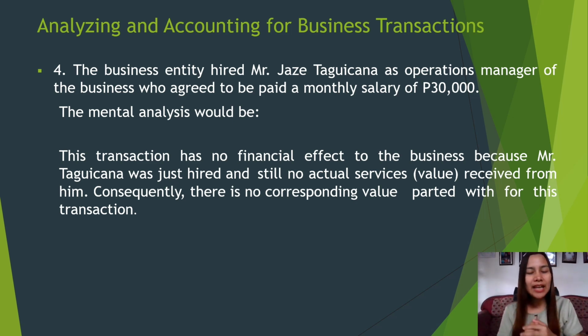So, at that time, you will record it as an expense and a credit to an asset, cash, due to payment to Mr. J. Tagikana as operations manager of the company. But for this transaction, there is no amount to be recorded because there is no economic value. There is just a hiring that happened.